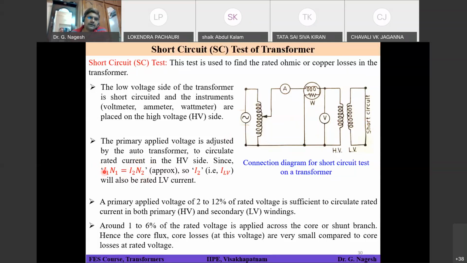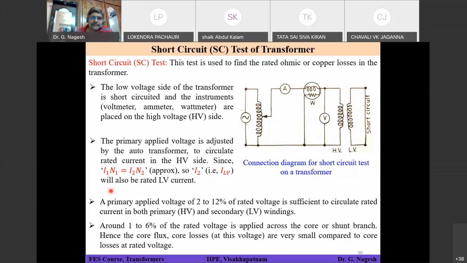When your ammeter is showing rated current on the primary side I1, automatically rated current will flow in the secondary side also. If you want to cross check, you can connect an ammeter and check, not an issue. Approximately rated current will flow in both the windings. So how to perform this test? Our objective is to make sure that the rated current is flowing in your ammeter. That's all.